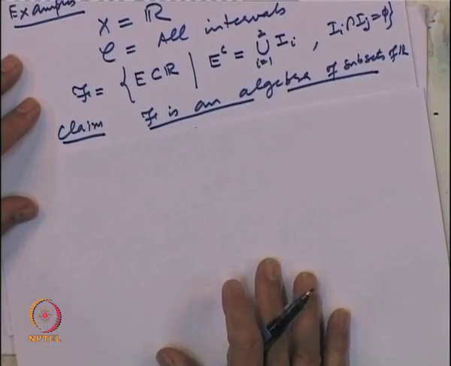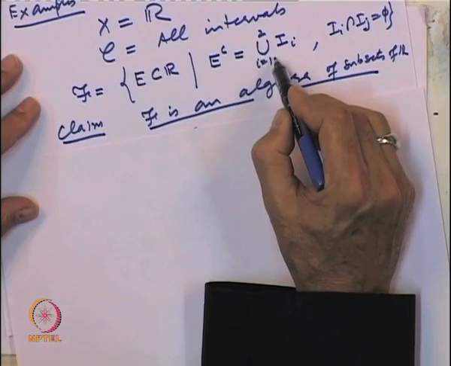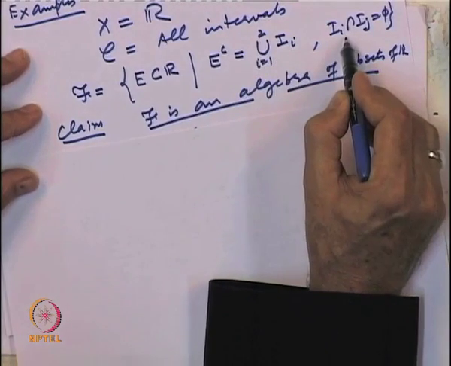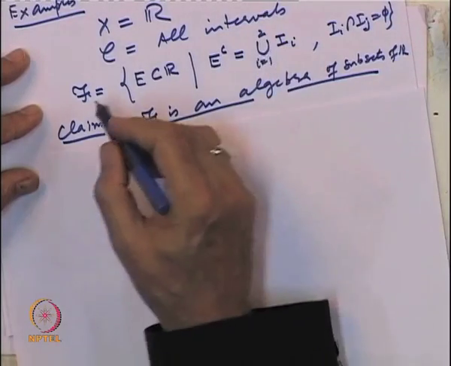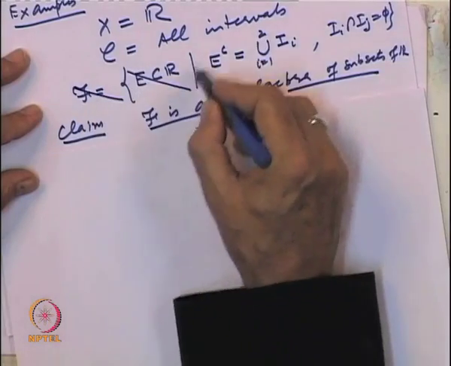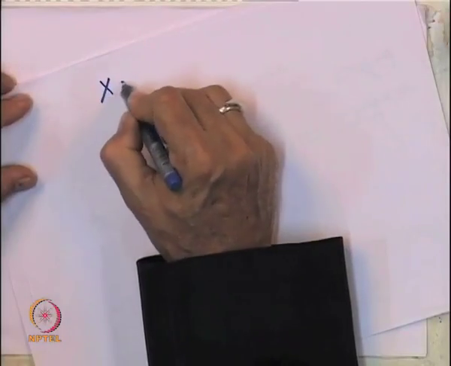Here is the collection F of subsets of X, subsets of the real line, which are a union of two of them, but that seems to complicate the issue. So, instead of this, let us modify this definition of F itself and look at the modified version of this example. X is the real line.